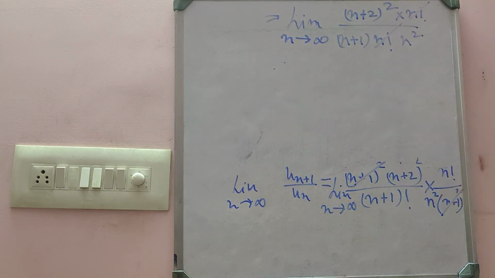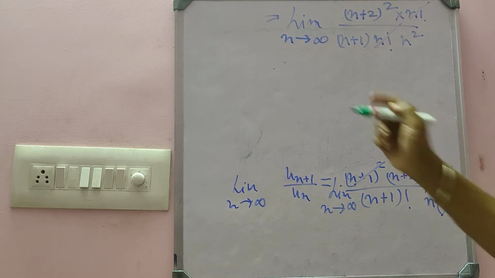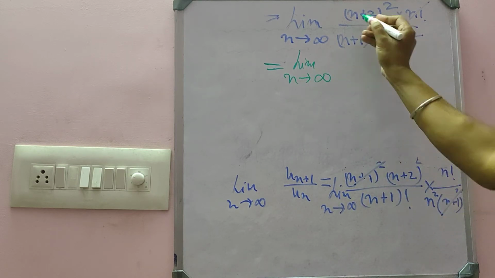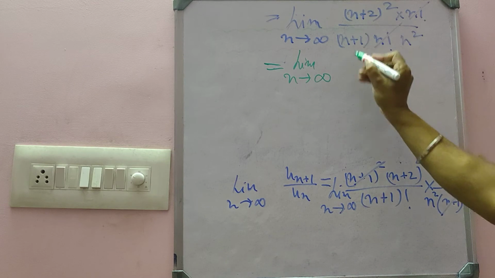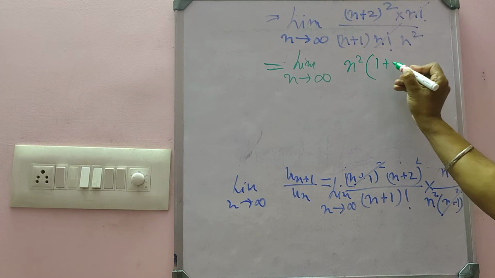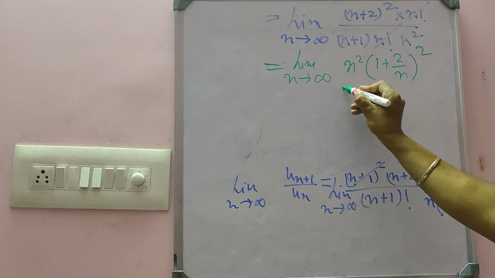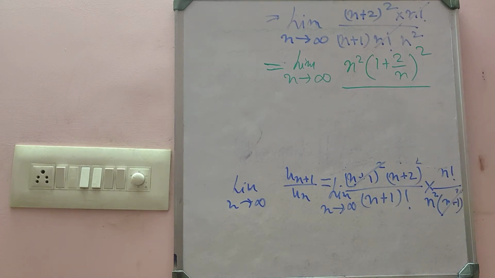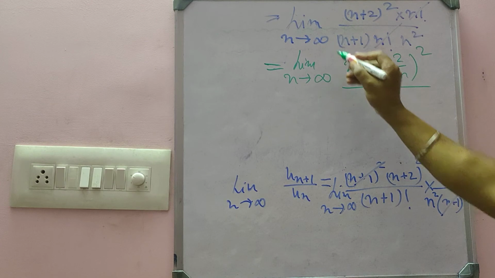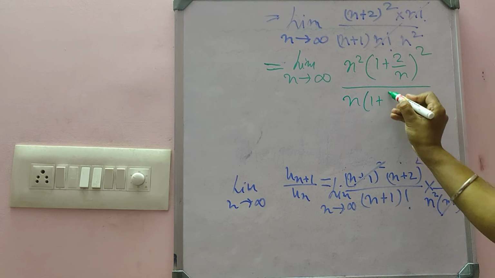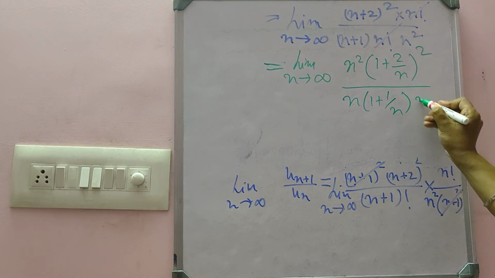What can we do now? We take n out common. So if we take n out, here is square, so outside will be n square, and here it becomes 1 plus 2 by n, the whole square, divided by n plus 1, here also take n common, so it becomes n into 1 plus 1 by n, and here already n square.